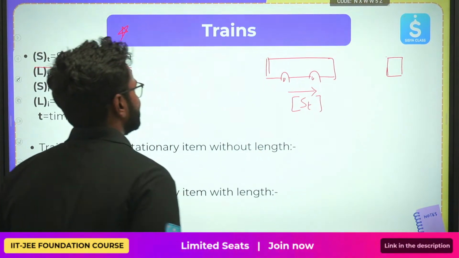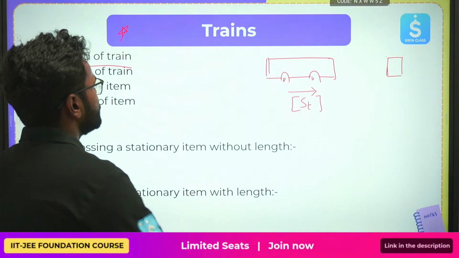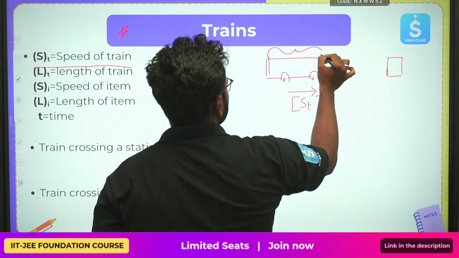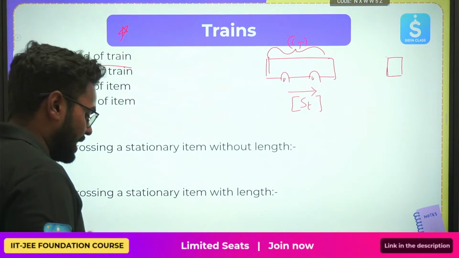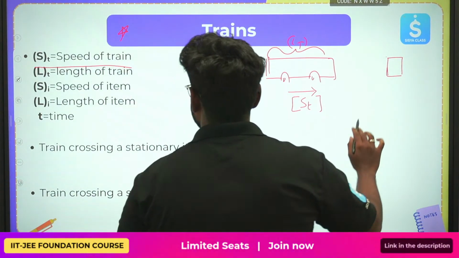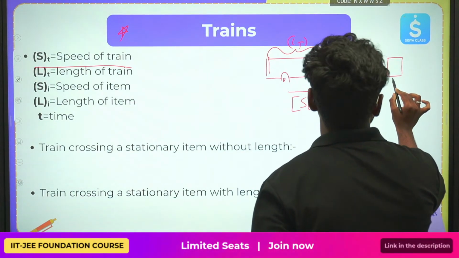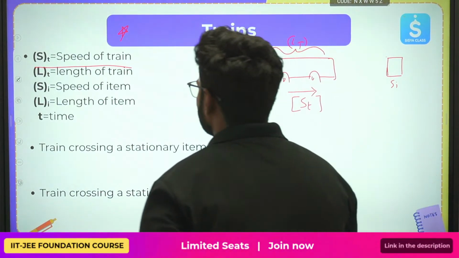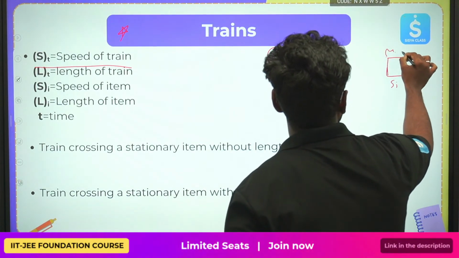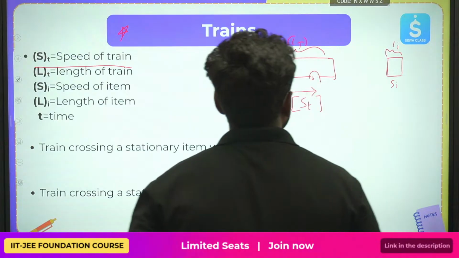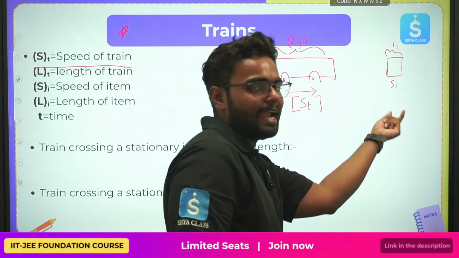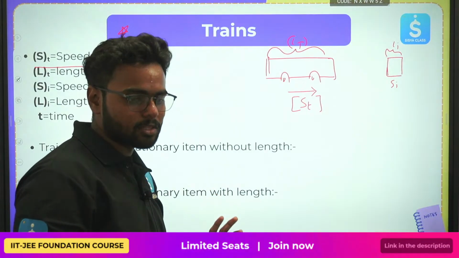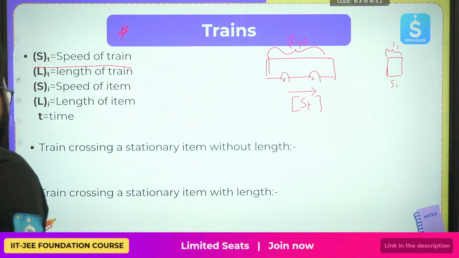This is moving at St. Lt be the length of the train. So this is the length, Lt. Now, Si be the speed of the item, if this item is moving. And the length of this item be Li. Both are in motion or of that sort. And T is the time taken to cover, right?